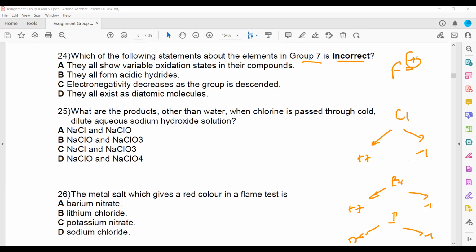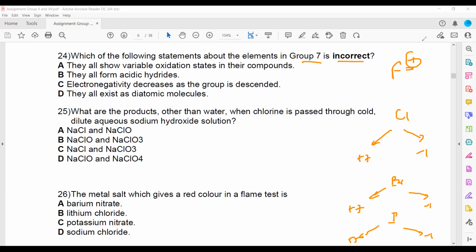That's why the oxidation state is always -1. Fluorine cannot have a positive oxidation state as it is the most electronegative element in the periodic table, with a greater tendency to attract the shared pair of electrons.